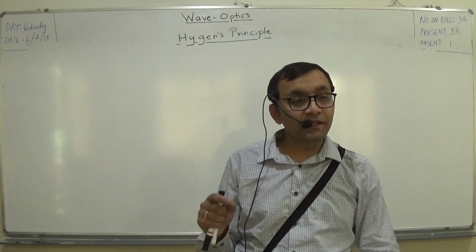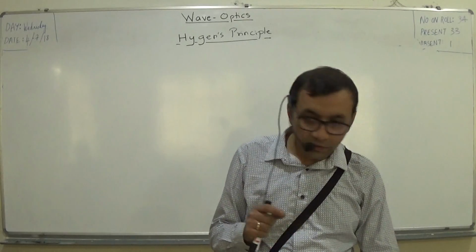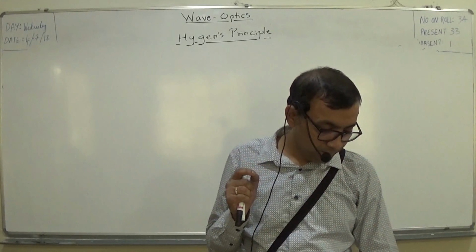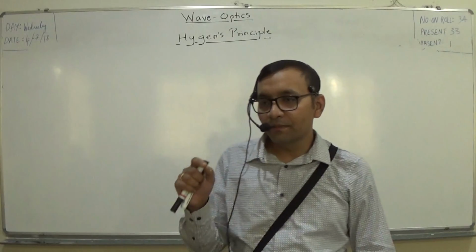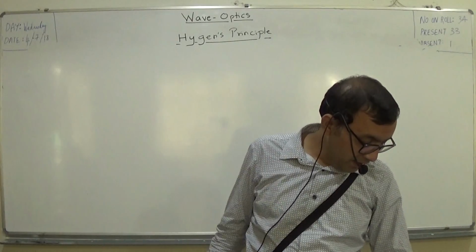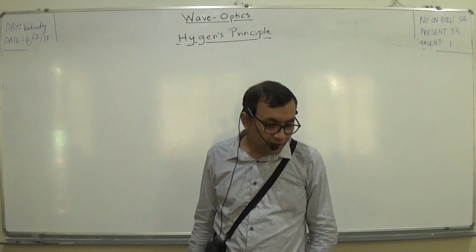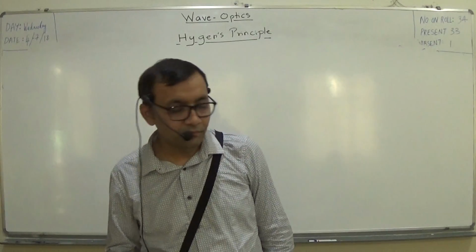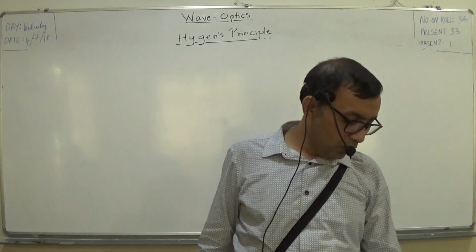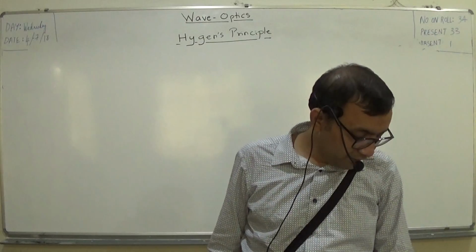And the wavelets, which are just parts of the wave, emanating from these points spread out in all directions with the speed of the wave.